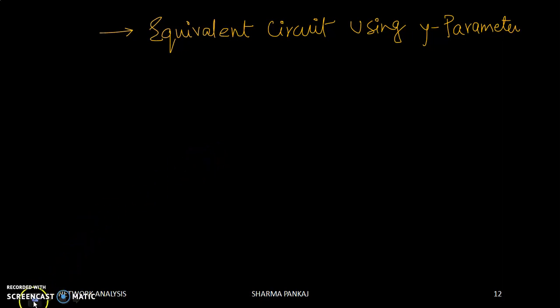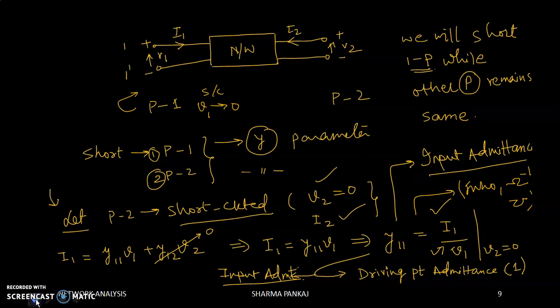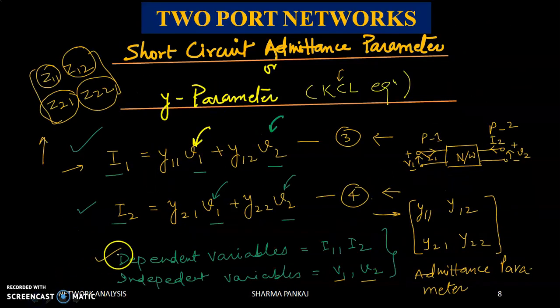See the equation, equation number 3 and 4. Let us understand from the basics of the equations given. See this. This is I1. I1 is given by Y11 V1. Suppose V1 is your voltage. Of course, it is voltage. So I1 is Y11 V1.